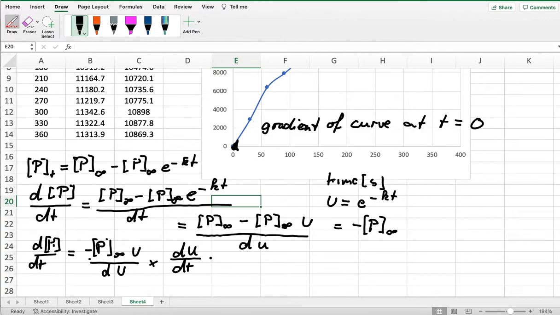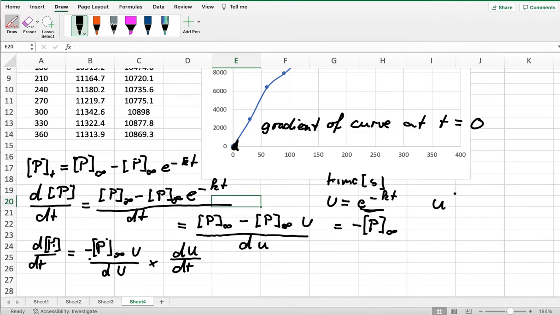Now we need to do the differentiation of this second part here. And we said this du, that would be the differentiation of this part here. So we need to differentiate this part here, e to the minus kt.